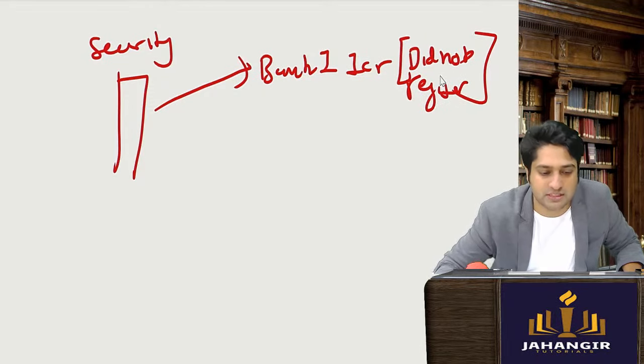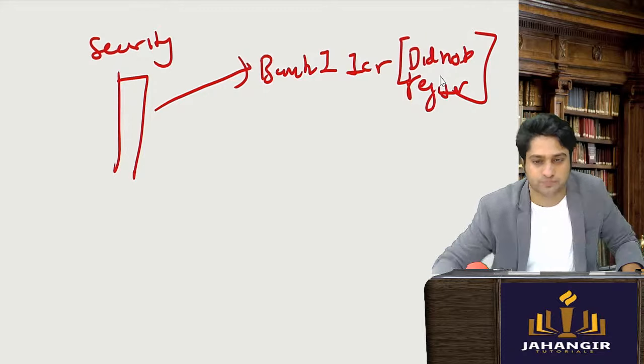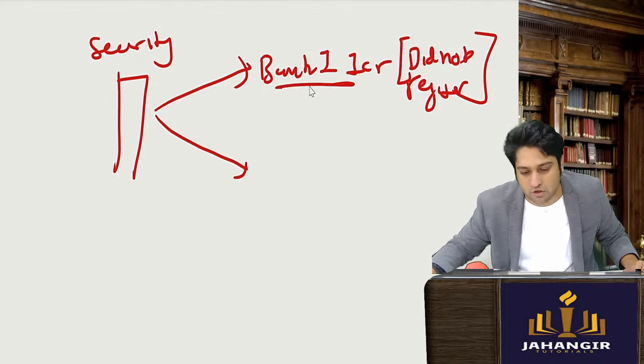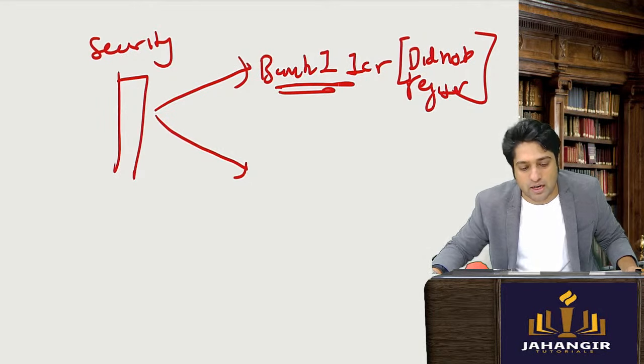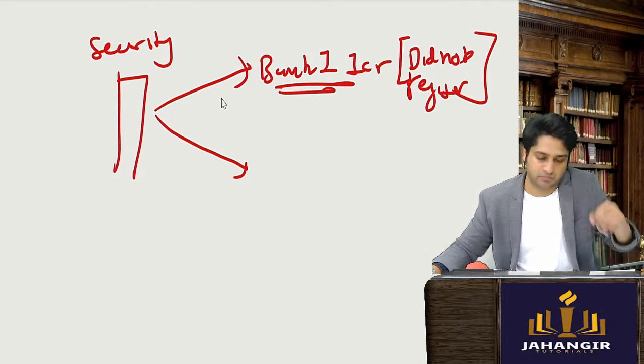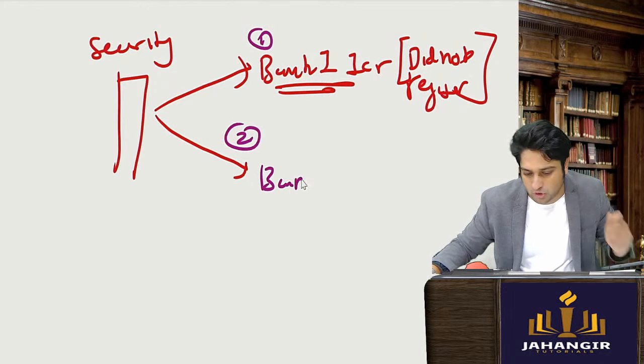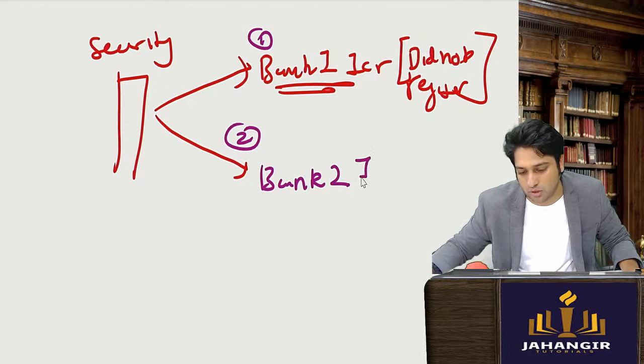Now since I did not register, obviously they will not get any rights. What I did is I went subsequently, after a few days, to bank 2 and I took a 1 CR loan and I registered this charge.